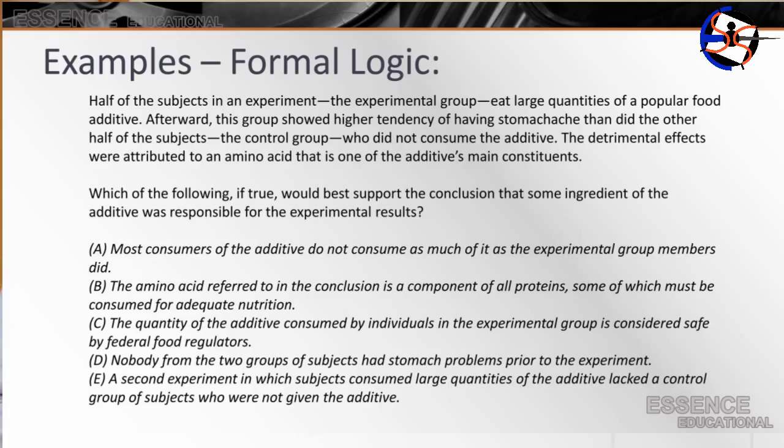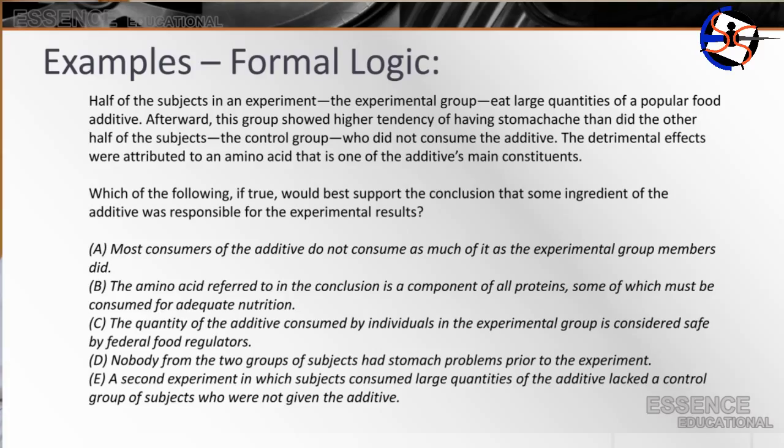Here is a critical reasoning question. Half of the subjects in an experiment, the experimental group, eat large quantities of a popular food additive. Afterwards, this group showed a higher tendency of having stomachache than did the other half of the subjects, the controlled group, who did not consume the additive.